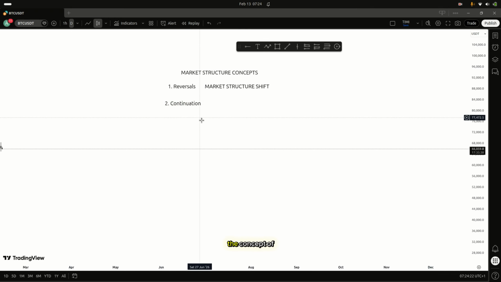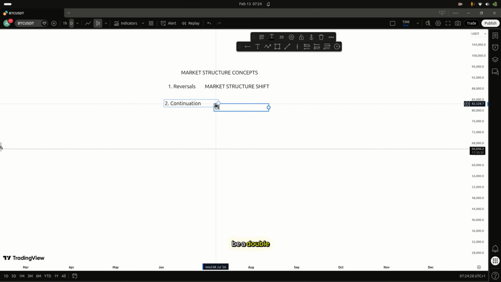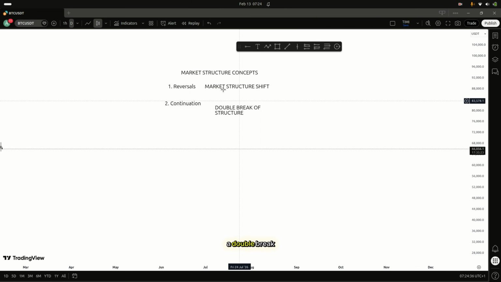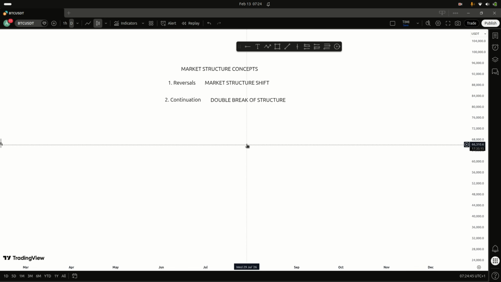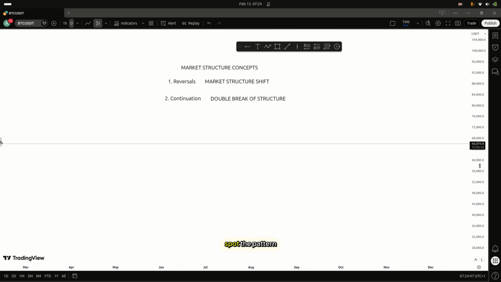And when we want to trade the concept of continuation, what we are going to look out for in the market is a double break of structure. A double break of structure. I'm going to go over this, and at the end of this video, hopefully you should be able to spot the pattern.